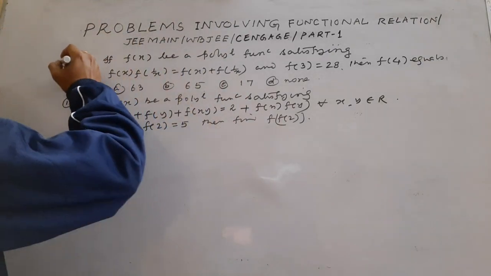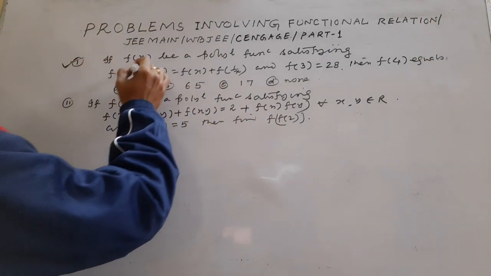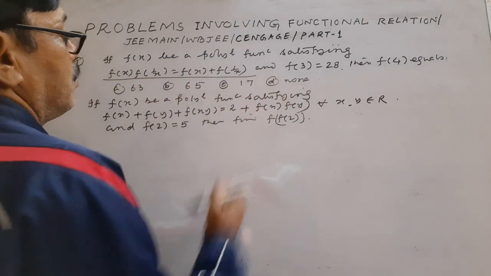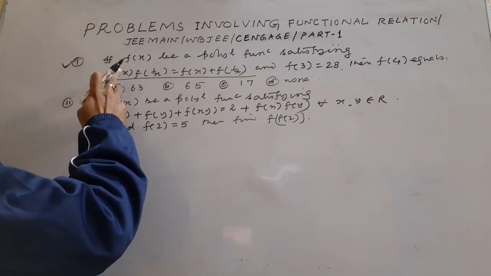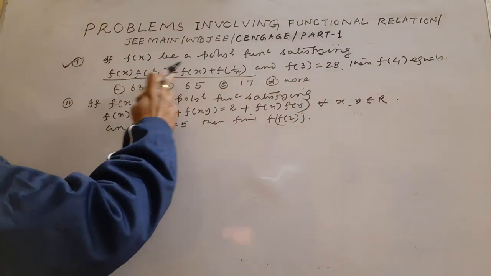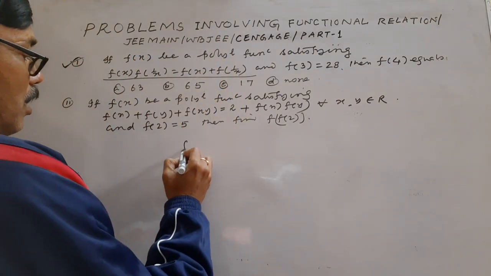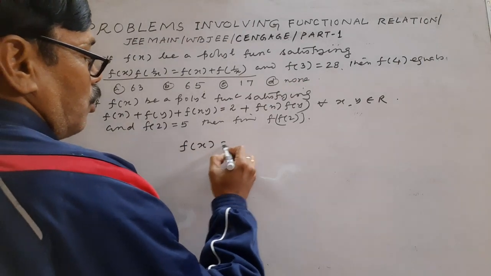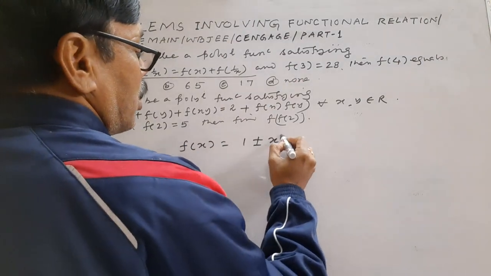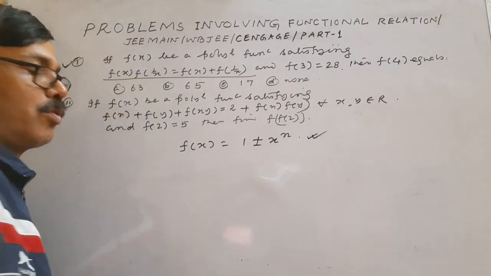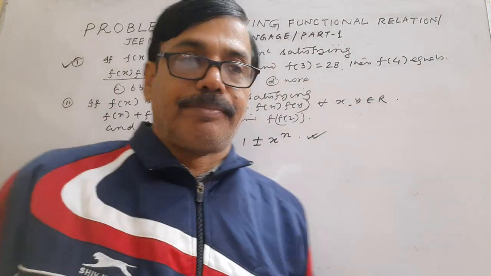We have already discussed that if a polynomial function satisfies this relation, then f(x) is 1 plus minus x to the power n. So we can write f(x) equal to this.